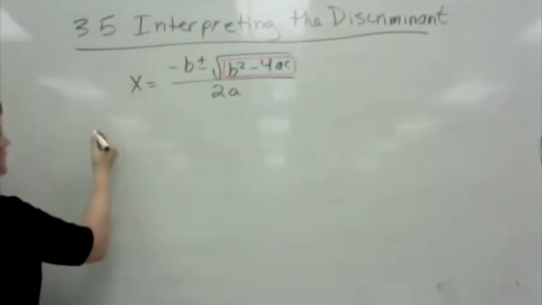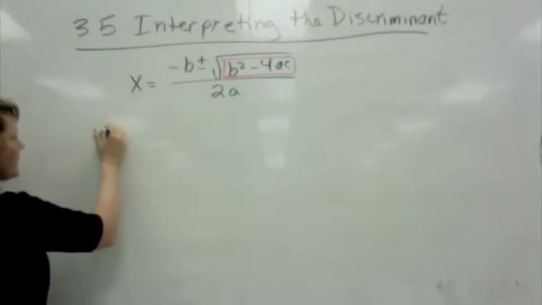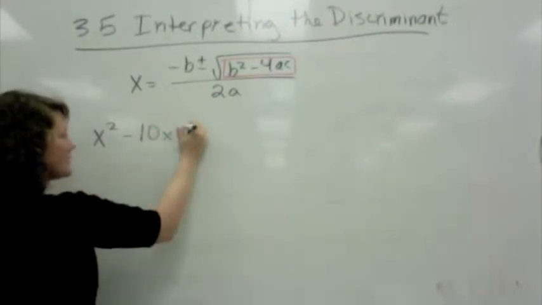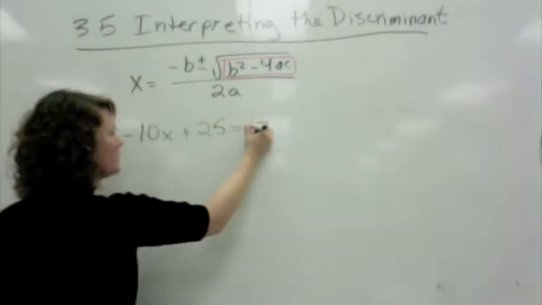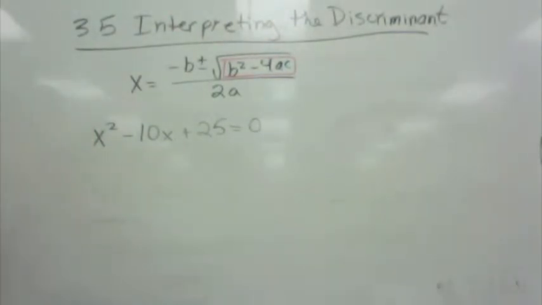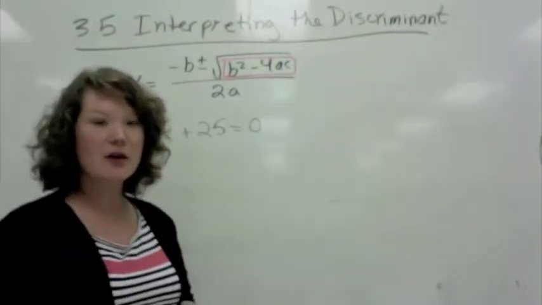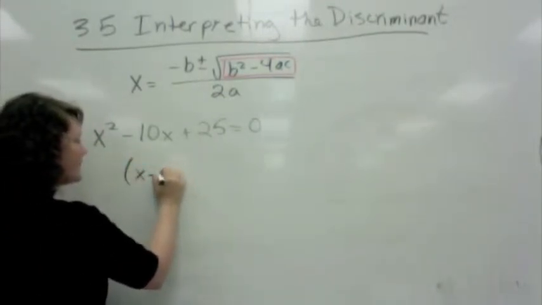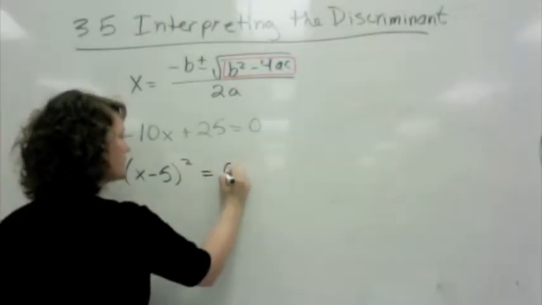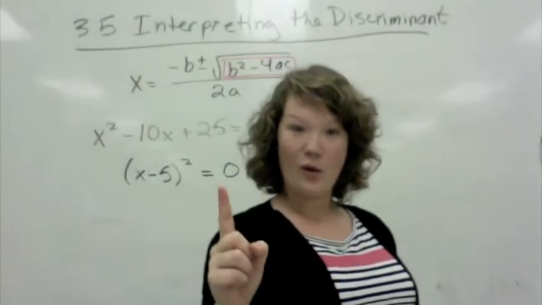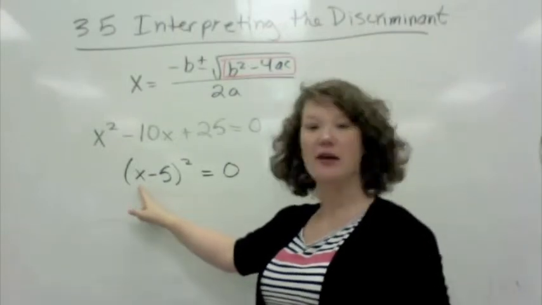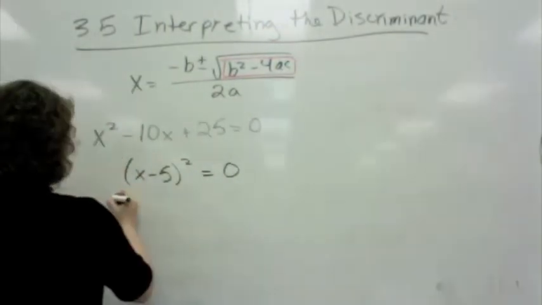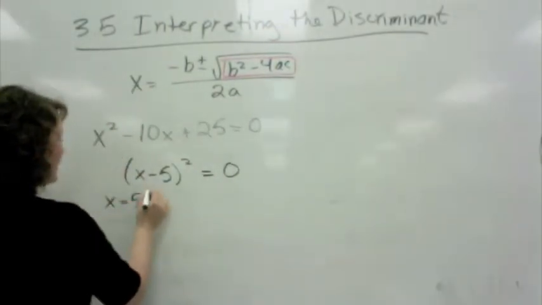Let's take something like x squared minus 10x plus 25 equals 0. We know that's a perfect square trinomial because when we factor it, we get (x minus 5) squared equals 0. So there's only one root. There's only one value for x that will bring this whole thing equal to 0. And guess what, guys? It's x equals 5.